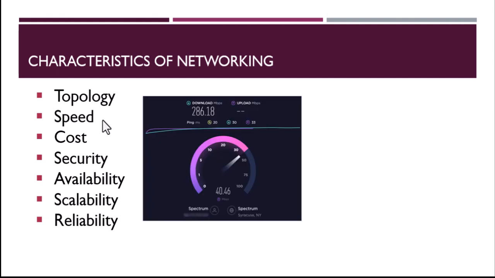Another important thing is the speed. If you would like your network to be faster, you need to spend some money on this. So these are two interrelated characteristics in networking, because once you spend some money, your network will be fast. But if you compromise on the speed, then your network could be designed on a low cost budget.